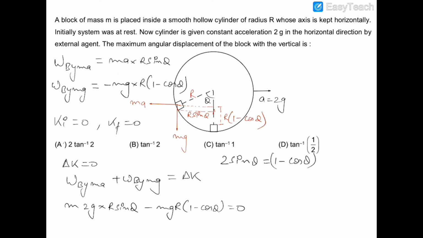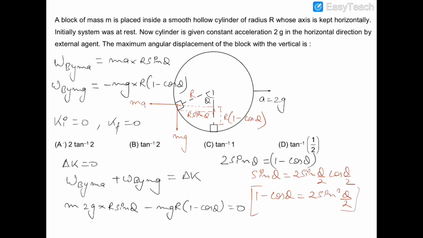Now I am writing the identities: sin theta is equal to 2 sin(theta/2) cos(theta/2), and 1 minus cos theta can be written as 2 sin square(theta/2).